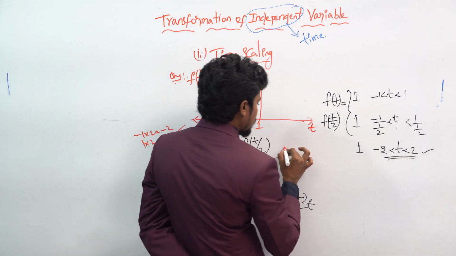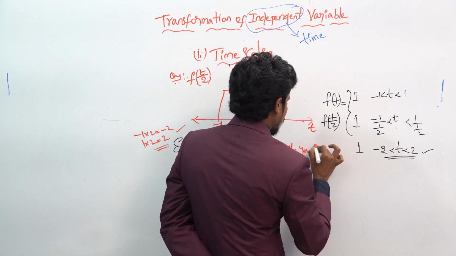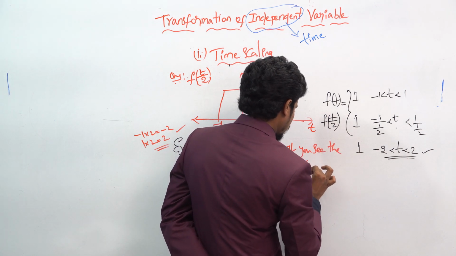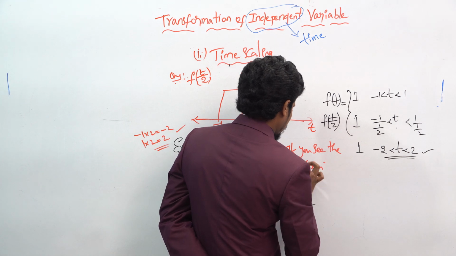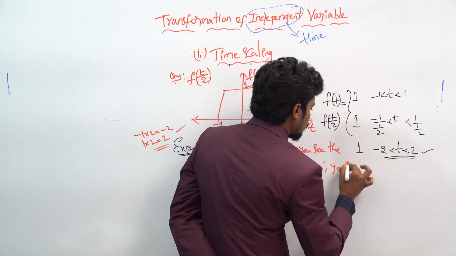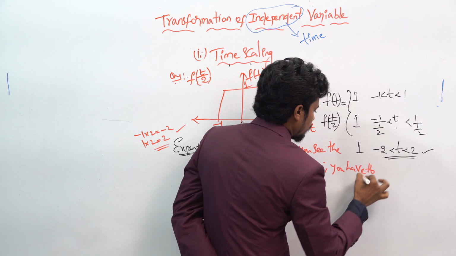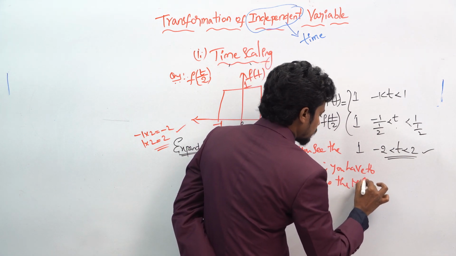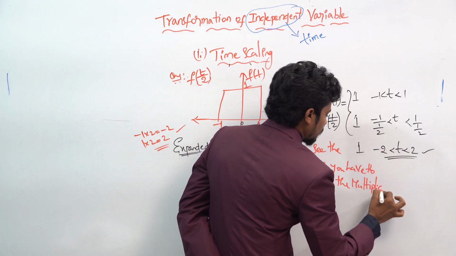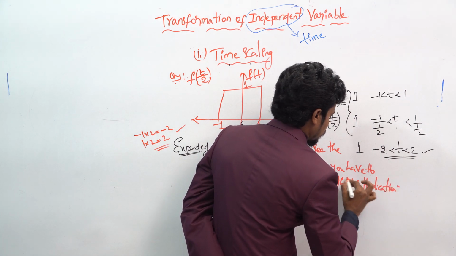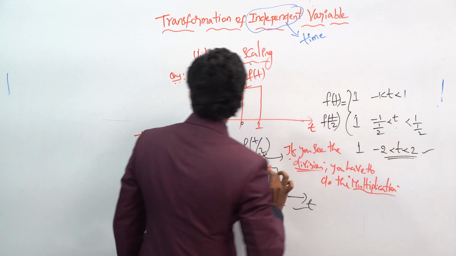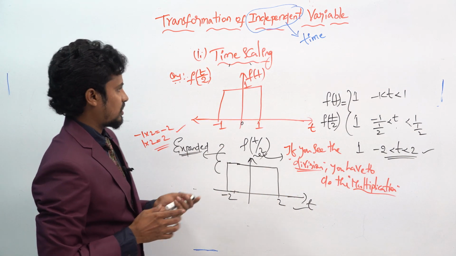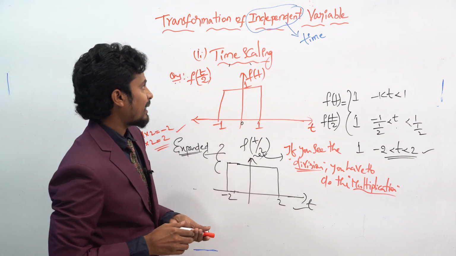So if you see division, you have to do the multiplication. So this was the concept behind time scaling.